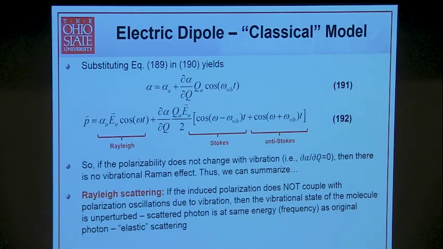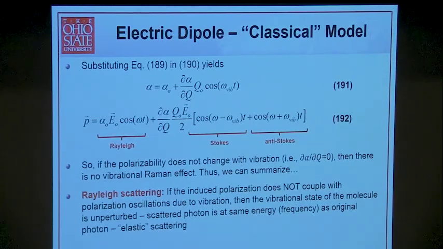Rayleigh scattering: if the induced polarization does not couple with polarization oscillations due to vibration, then the vibrational state of the molecule is unperturbed. So this thing just keeps on vibrating like it was. What can happen, let's think about this: I can send an electric field, and I can actually modulate that vibration. It can be happy vibrating, and I can add a little modulation to it.